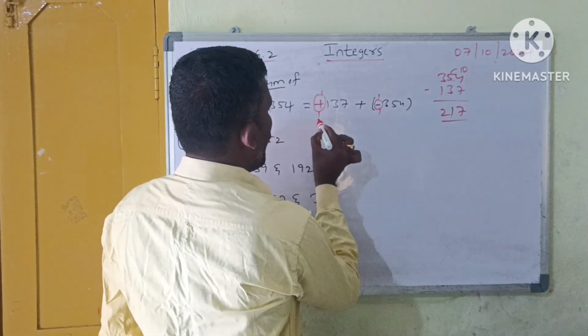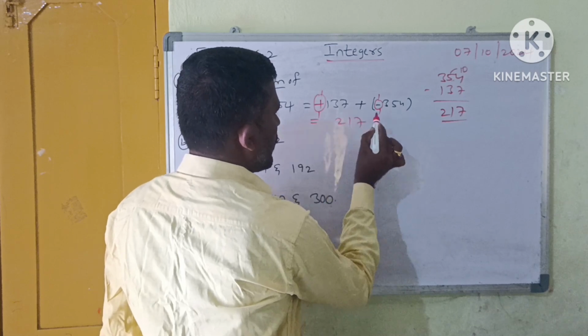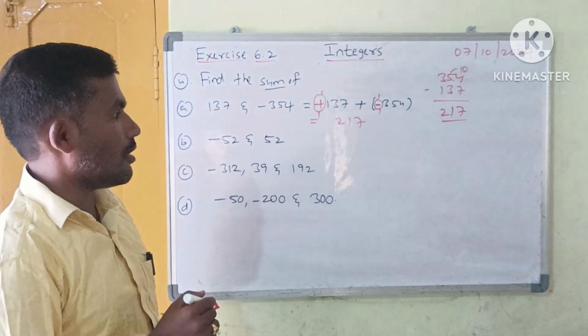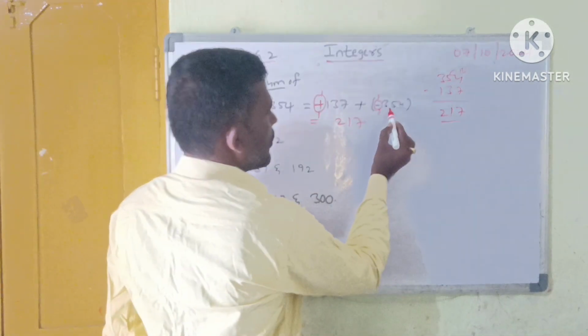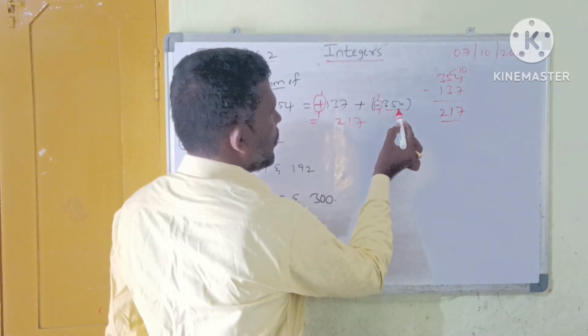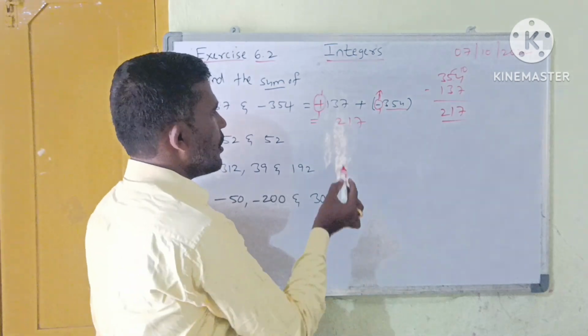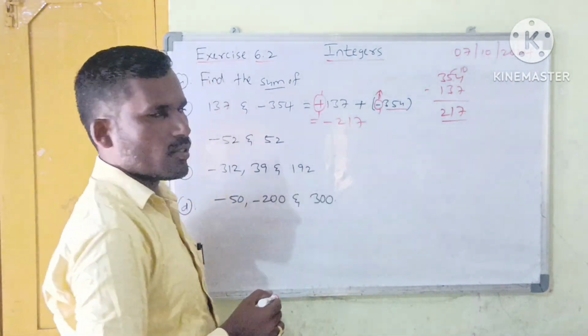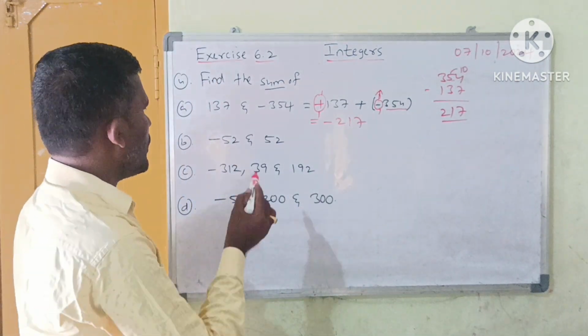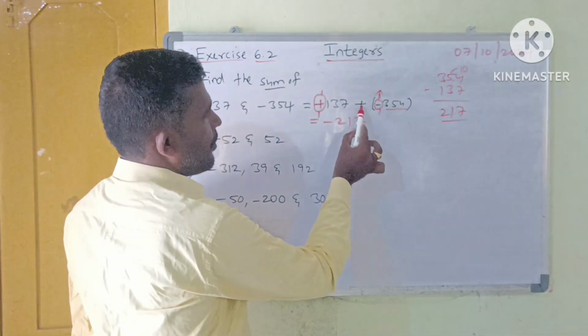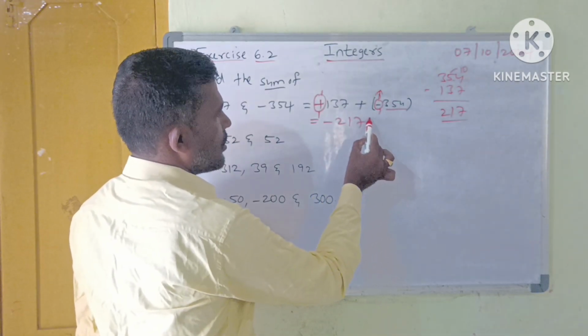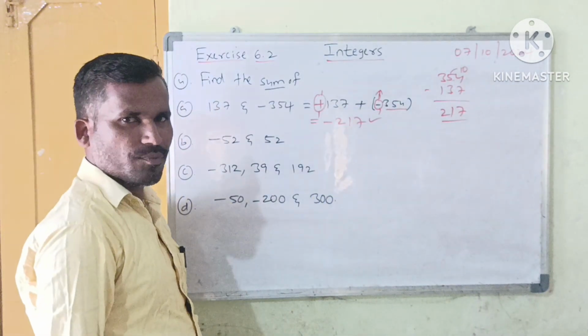So the result is 217. But 217 is not right. Here 354 is the bigger value, and for 354 the sign is minus, so therefore we will get minus 217. So 137 plus minus 354 is minus 217.